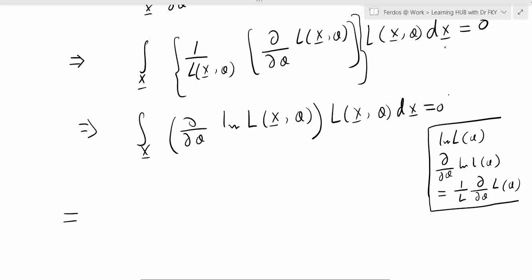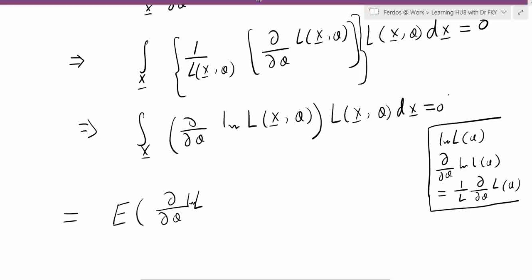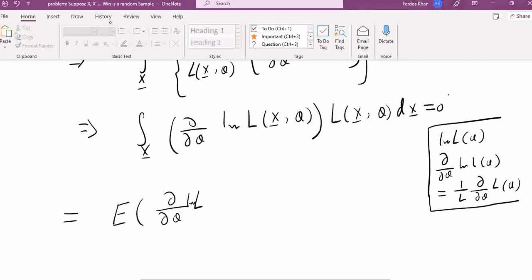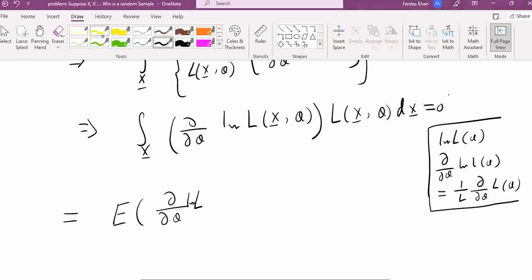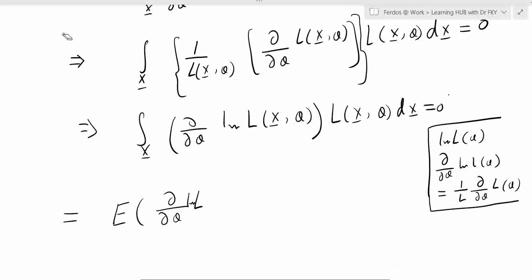So this you can say x, and this is the distribution. I will write this. So this means that this is the expected value of the partial derivative with respect to theta. This is of course natural log. I just want to explain this.